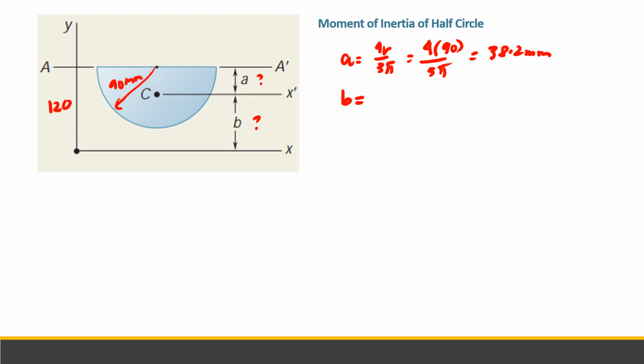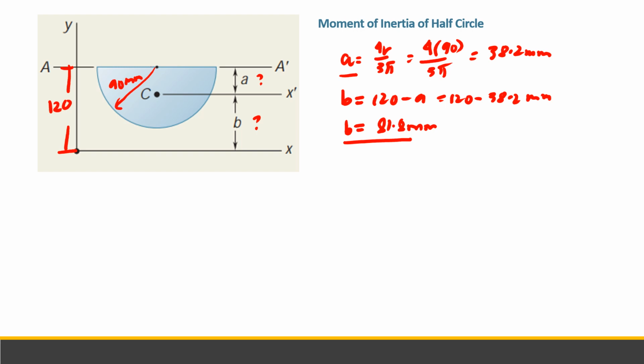This distance is 120. So B natin is 120 minus A. So 120 minus 38.2 mm. So B is equal to, ilan yung B natin? 81.8 mm. So we need to solve this first kasi these will be the distances when you use parallel axis theorem. Distances ang gagamitin natin, yung sa Ad squared na part.